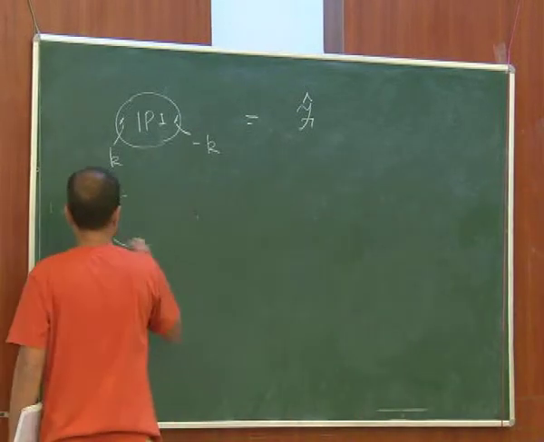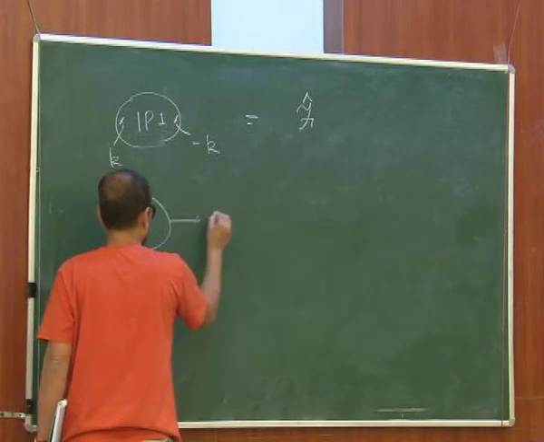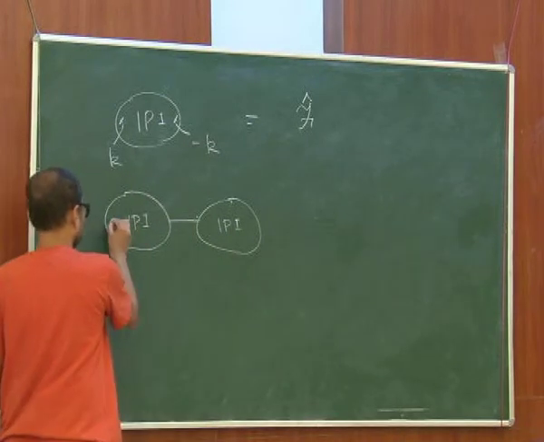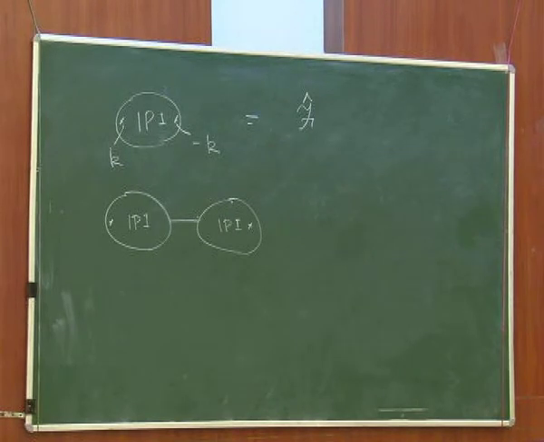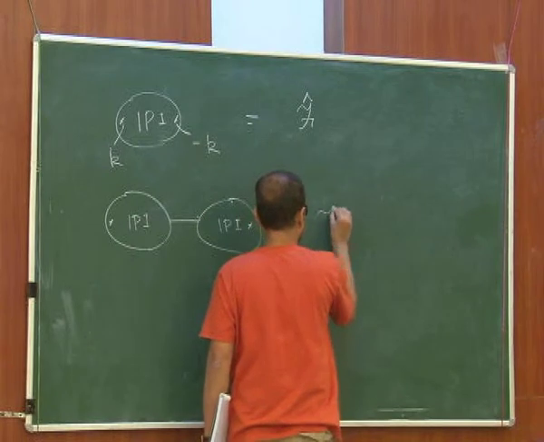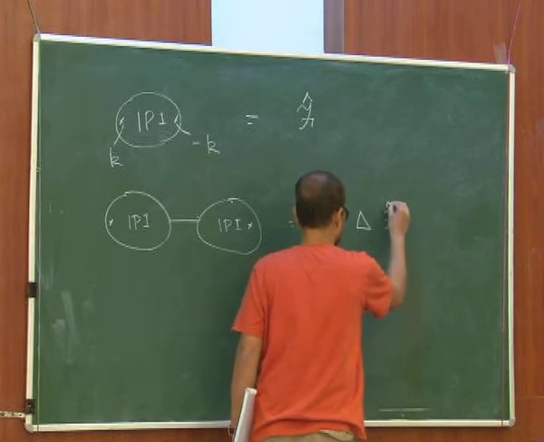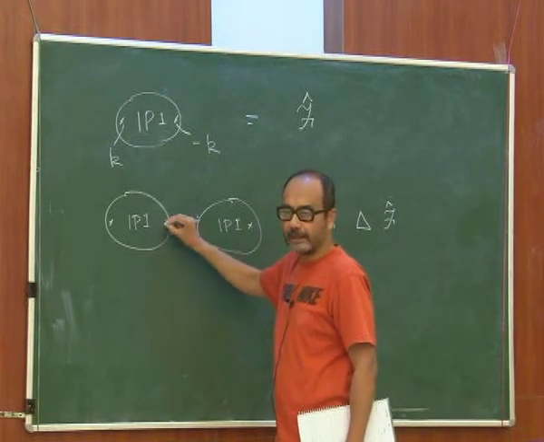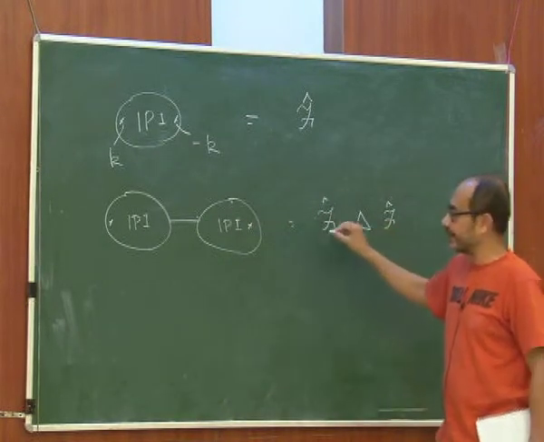Then this contribution 1PI joined to another 1PI, one can show that, at least, as I said, in bosonic string theory and the Neveu-Schwarz sector of heterotic and superstring theory, is given by f hat delta f hat. So you can understand perhaps that this is one factor of f hat, one factor of f hat, and delta is what represents the effect of plumbing fixture.